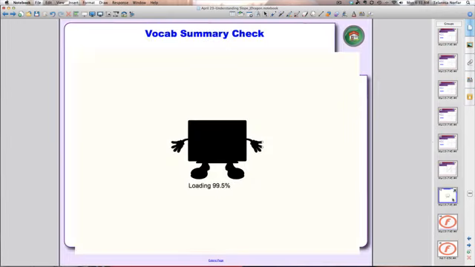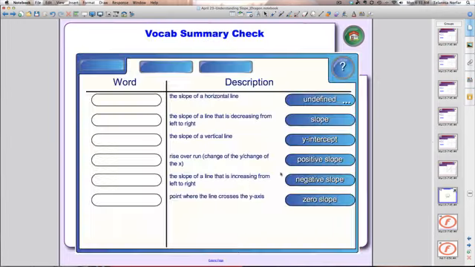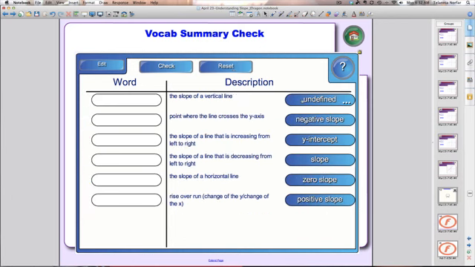Okay, now for a little bit of a vocabulary check. Again, here are the definitions and here are the words. Move the words to match the appropriate definition. Unpause the video when you're done to check the answer. Oh, oops, sorry, forgot to move them over.